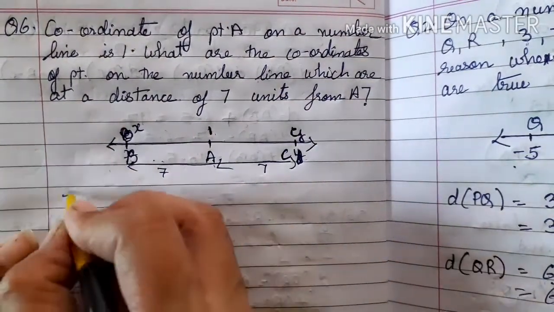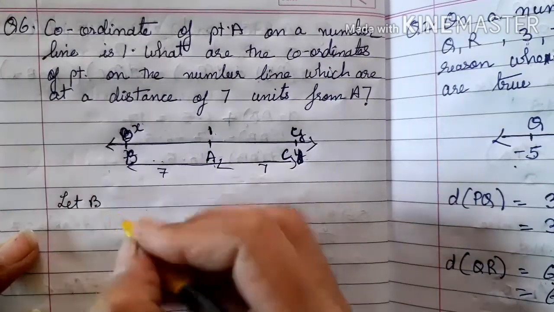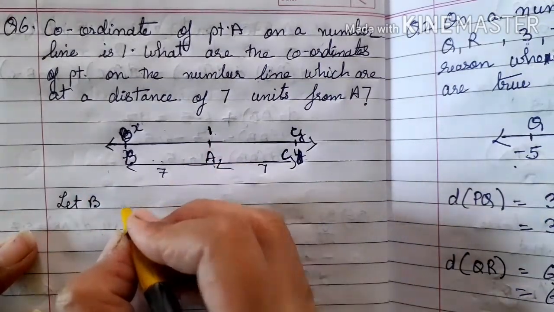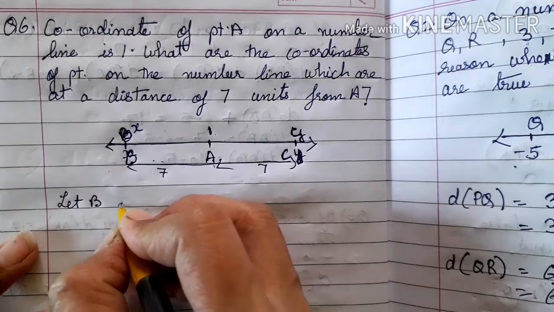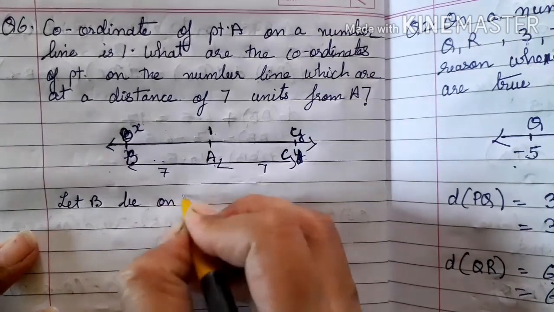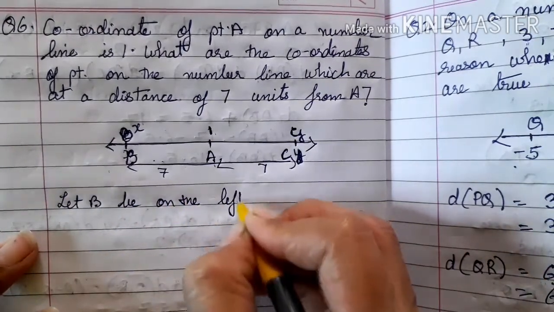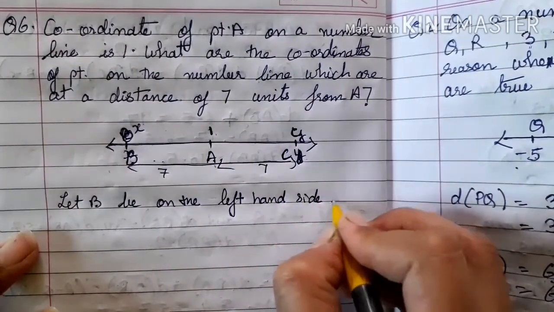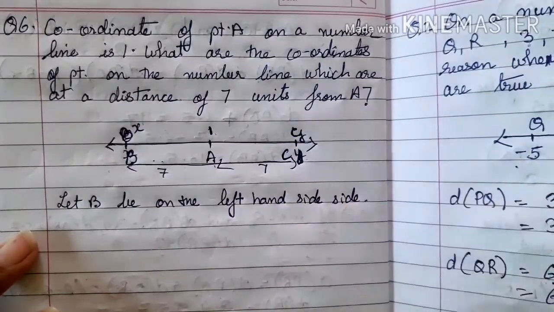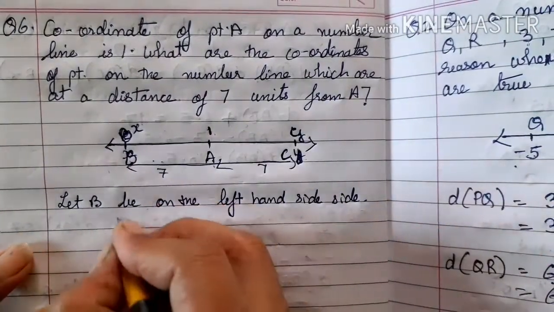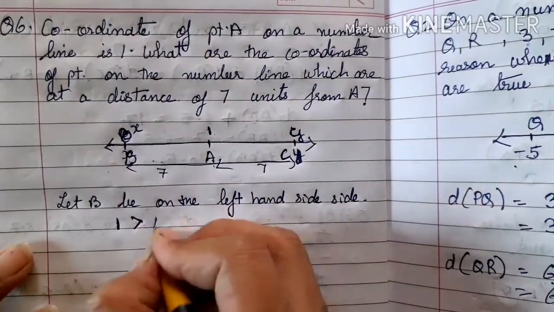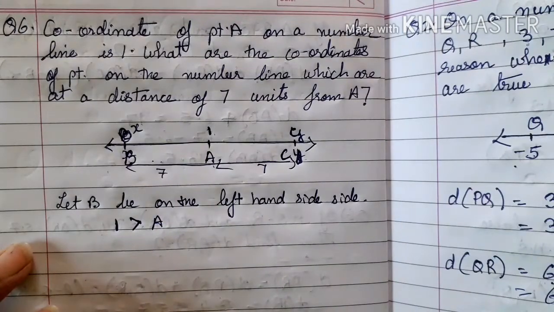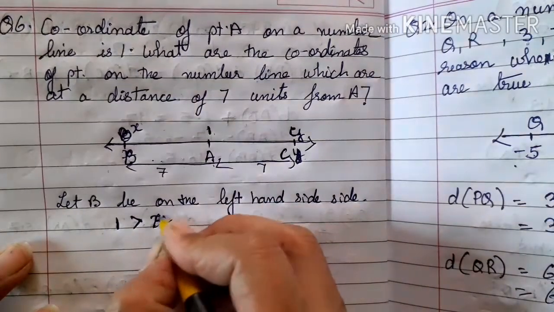In the same way as we did the before sum, we have to solve it. So, let B be on the left hand side from A. So, 1 is going to be greater than X. Got it?